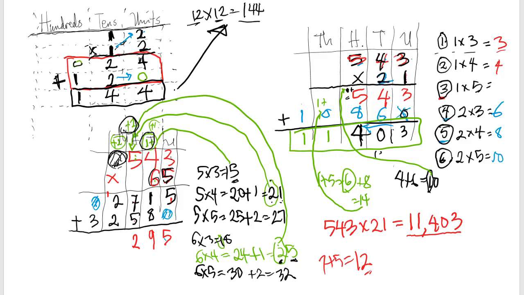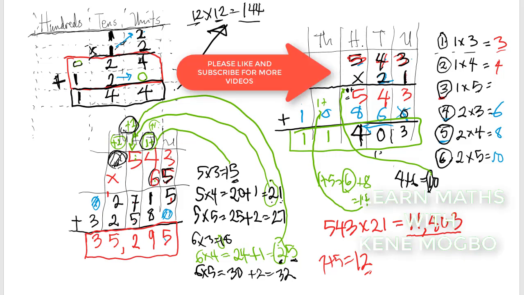Then we add that 1 to 2. So 1 plus 2 is 3, plus 2 is 5. So we write down this. This is our answer, 135,295. So that's how to do long multiplication.